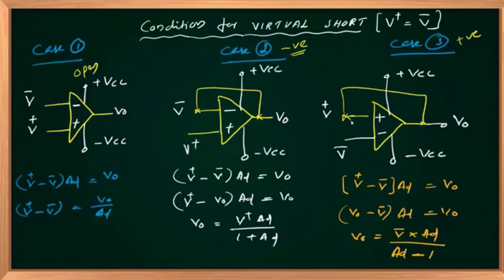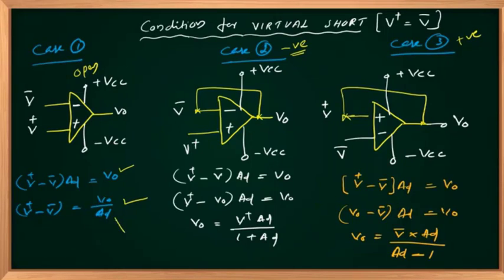Right. So as we discussed, the output voltage can be expressed as V out equal to the difference between positive input and negative input, V plus minus V minus, multiplied by differential gain AD. Rearranging the terms, V out upon AD will give you V plus minus V minus.